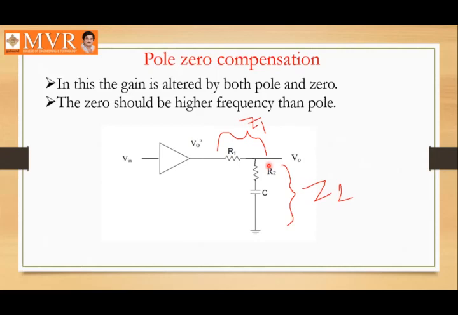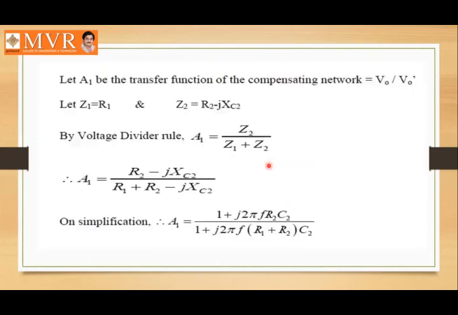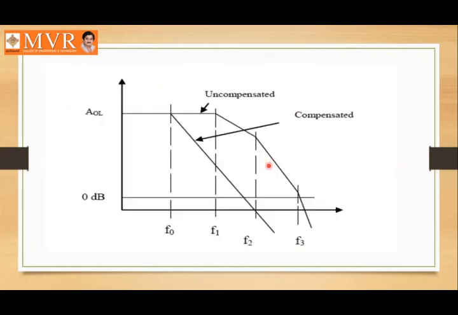If there is no pole added at F1, the response would change in the curve. Now we are going to observe the difference between this pole zero compensation and the dominant pole compensation.